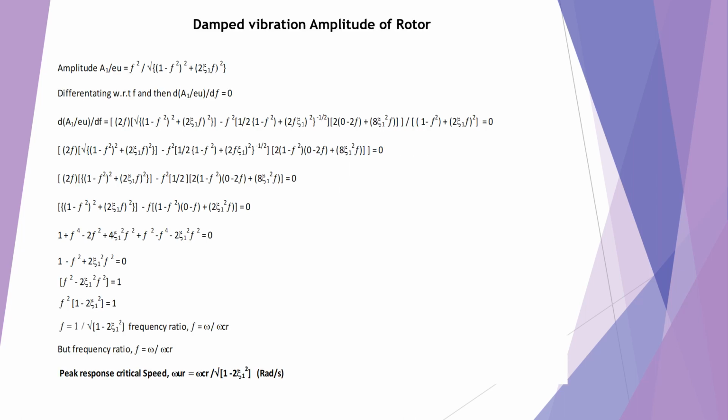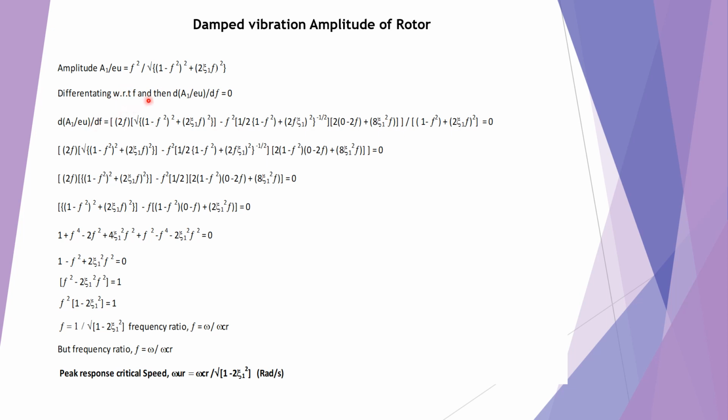Peak response critical speed. We know the expression of amplitude: A1 upon EU is equal to F square upon square root of [1 minus F square] square plus [2 zeta 1 F] square.